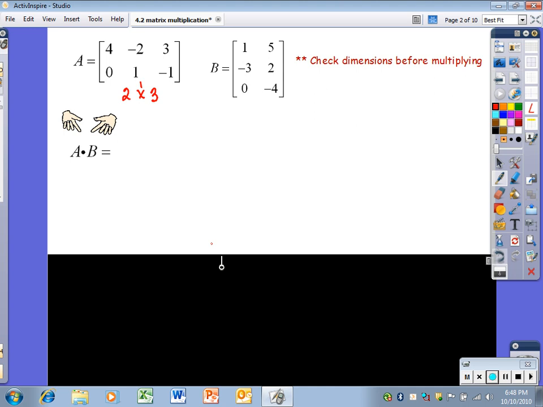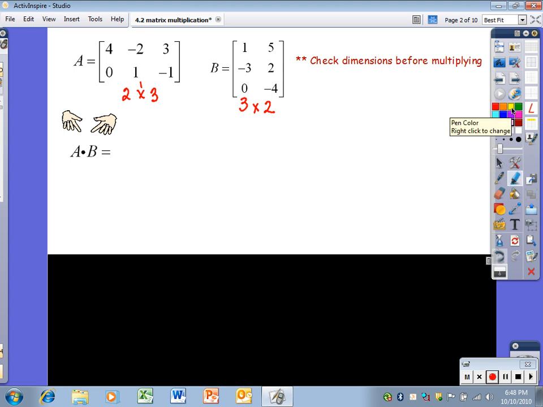And it is 4, -2, 3, 0, 1, -1. Multiplying by matrix B, which is 3 rows by 2 columns. And it is 1, 5, -3, 2, 0, -4.